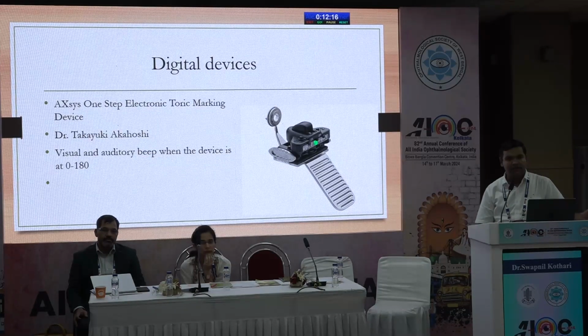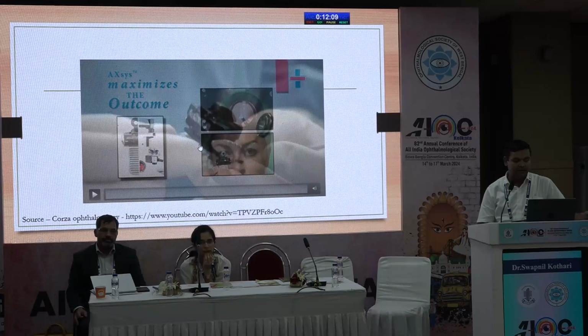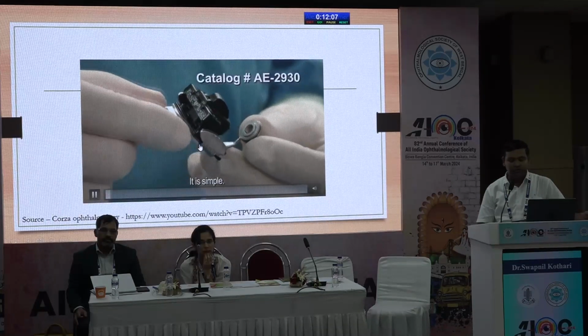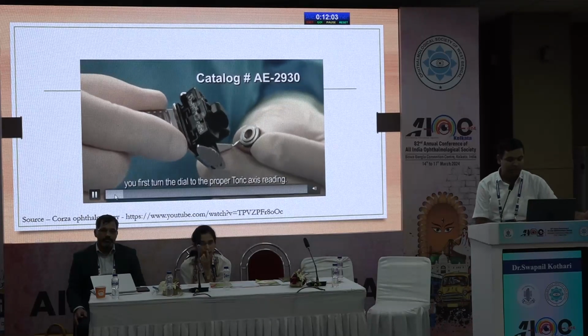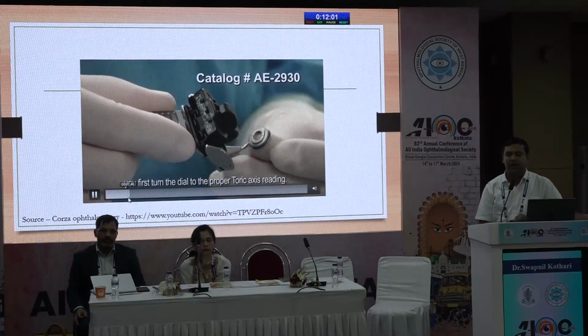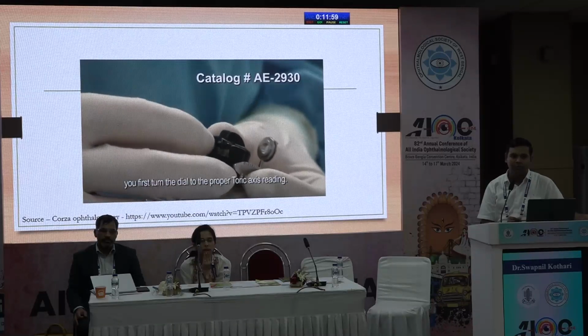Dr. Akahushi has developed his own Axis one-step electronic toric marking device. Basically, it gives you a visual clue. This is a simple device in which the patient is sitting upright before the surgery, and you have to turn the dial towards the proper marking that you want to make.